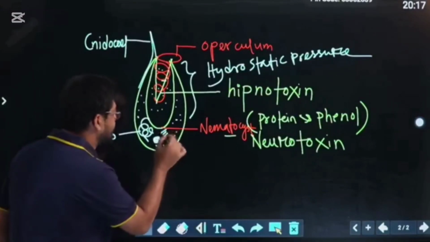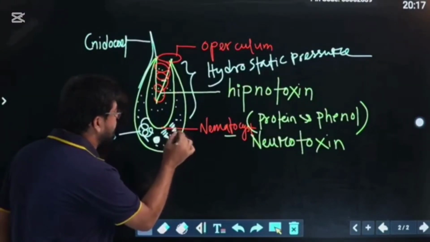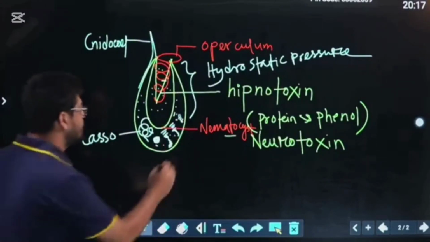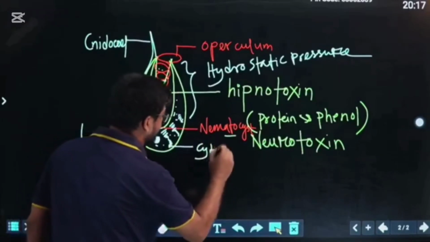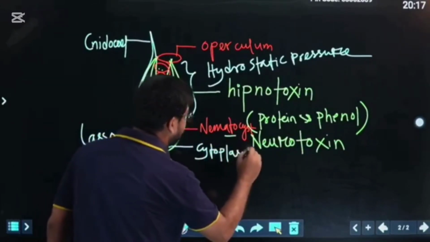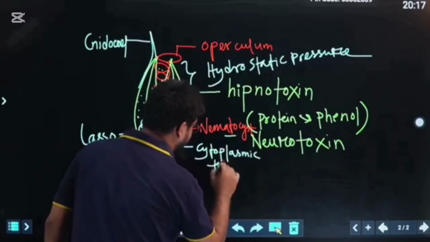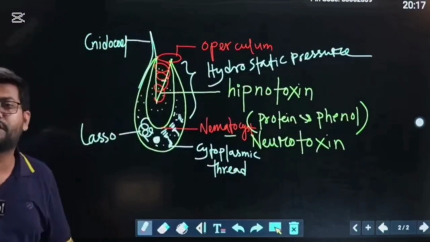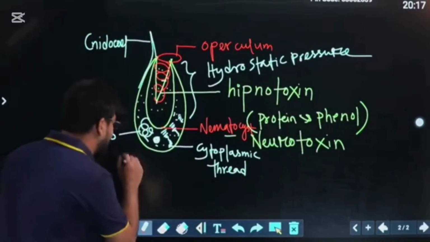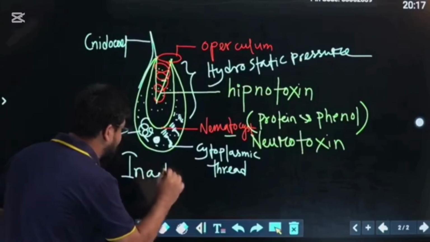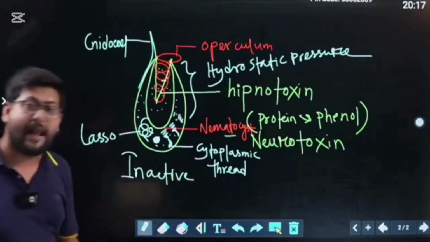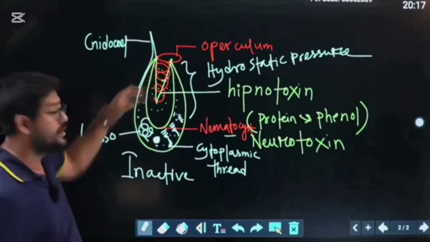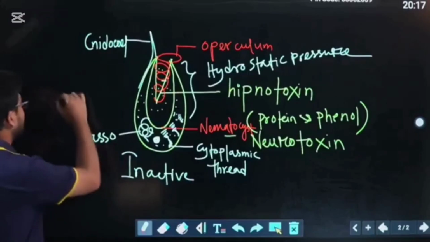Sometimes the cytoplasm thickens to form a structure like a thread, so you can say it is the cytoplasmic thread. This structure is hiding under the operculum, so you can say it is in the inactive form. When it is activated, this structure can never be retrieved.